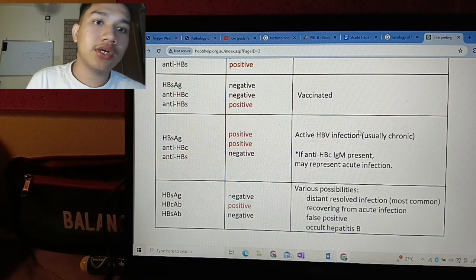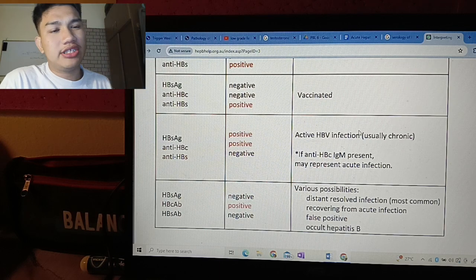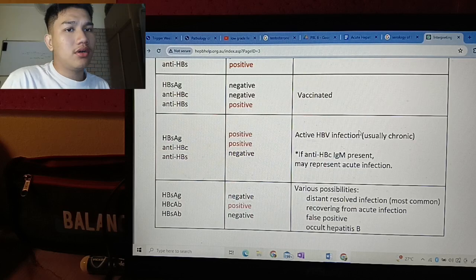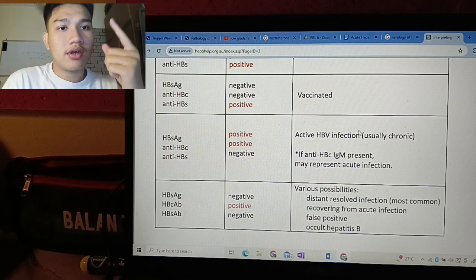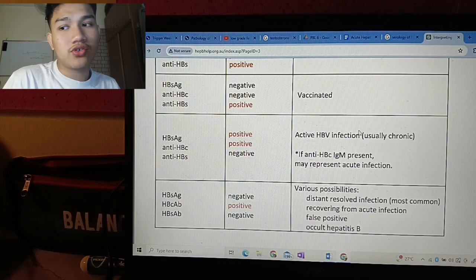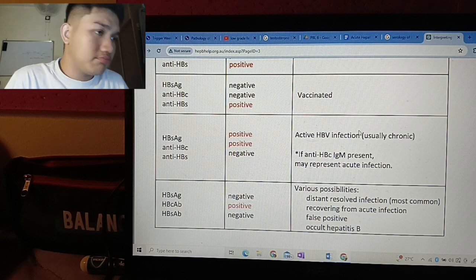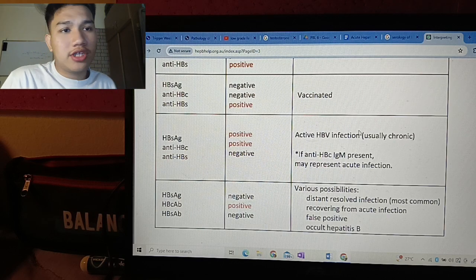Okay. And the last one is antigen negative, core antibody positive, surface antibody negative. Maksudnya this one is leading to chronic sudahlah. Banyak dia punya interpretation.